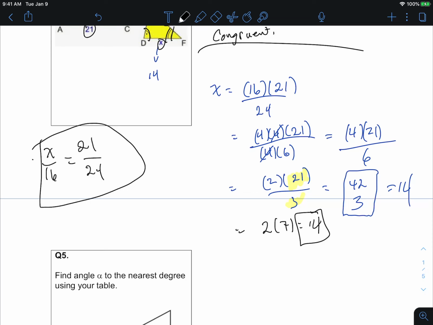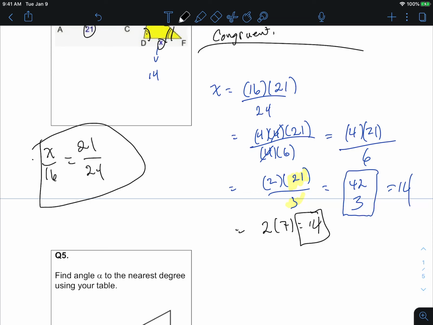How did we do that again? What did you say? You could reduce it either way. The 6 going to 21? No, we could reduce that. The 4 over 6, right? We said was what? 2 over 3. Right? And then we said, okay, well, what's 21 divided by 3? 7. Yeah.